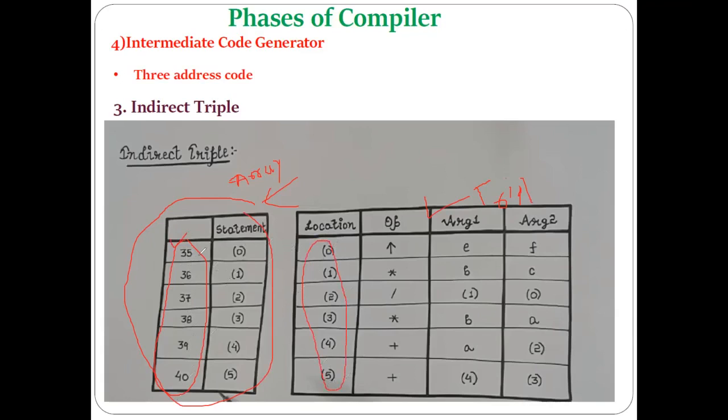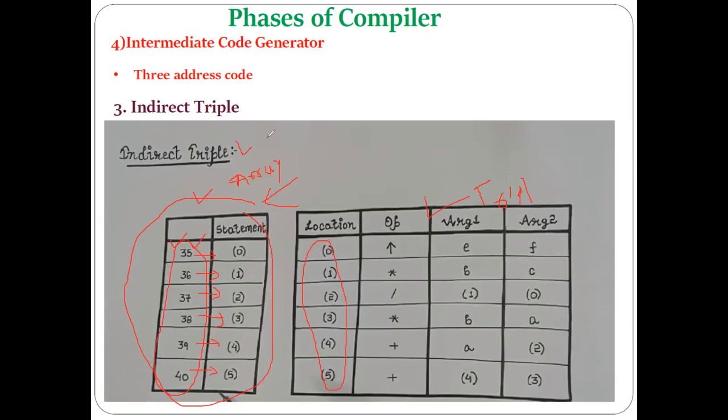We refer to these position numbers by these different pointers. So instead of referring to the position number, we are pointing to that position number by different pointers, and that is maintained in this particular array list.